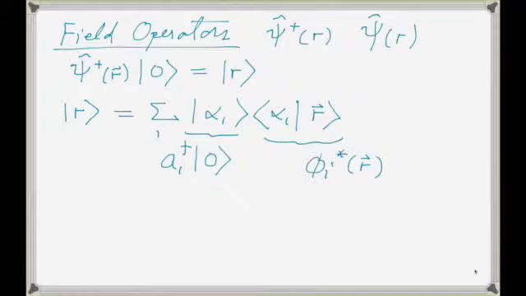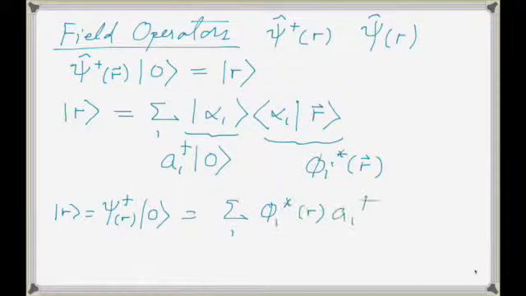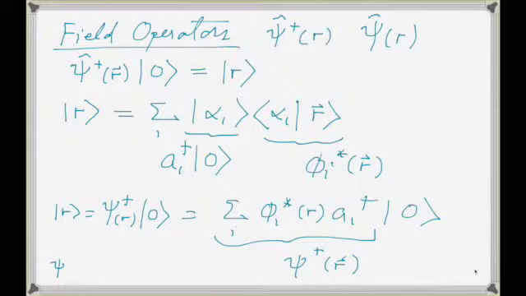And so just putting that together, we have |R>, which is psi dagger of R acting on the vacuum, is the sum over i of phi_i star of R a_i dagger acting on the vacuum, which means that all this stuff is psi dagger of R. Taking the Hermitian conjugate, then psi of r is just related to a_i, which is the sum over i of phi_i of r a_i.